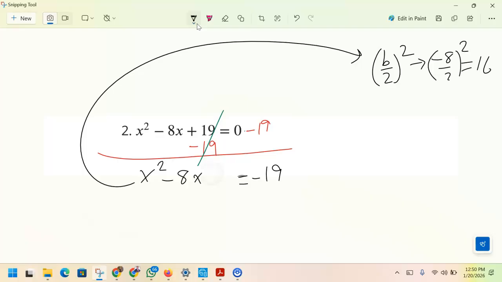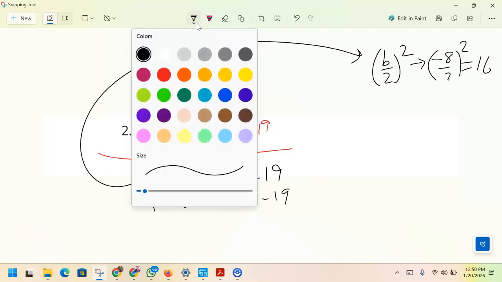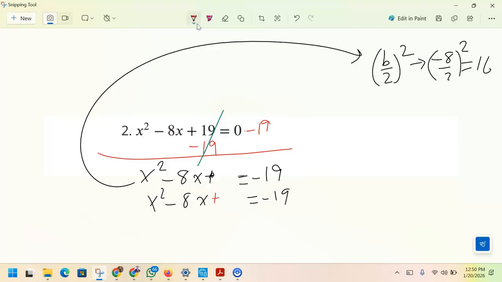So basically, you're adding to both sides. The next step is better. We write x squared minus 8x equals, so you're adding plus 16 and plus 16. This is called the completing the square method. Now, this is a perfect trinomial. And the perfect trinomial is if you have a squared minus 2ab plus b squared.